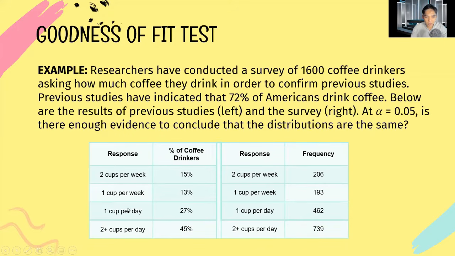Ito yung previous studies, nasa left, and the survey yung nasa right. At alpha level is equal to 0.05. Is there enough evidence to conclude that the distributions are the same?